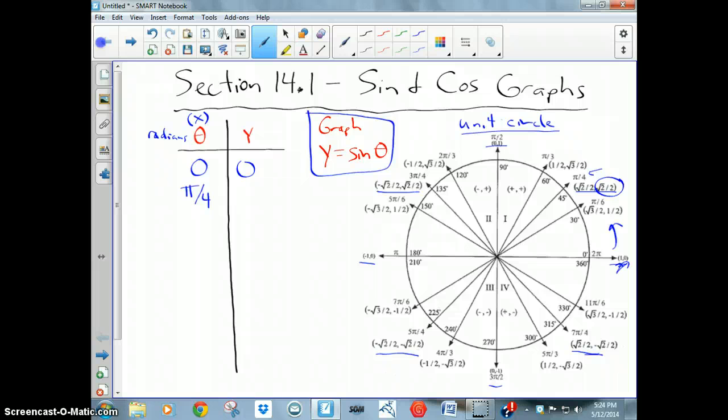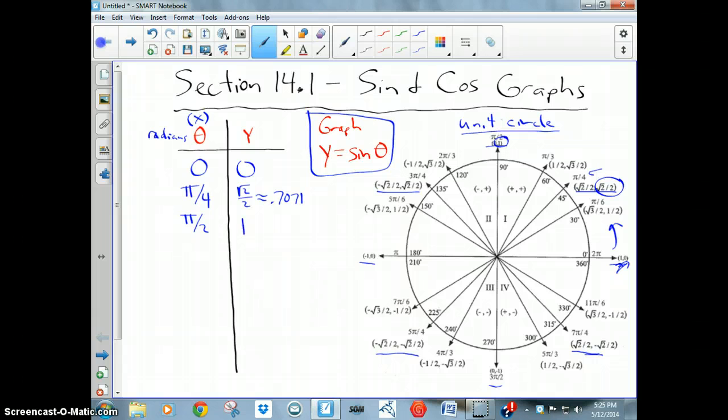If you type that in your calculator, the square root of 2 over 2 is approximately 0.7071, which is the decimal that we are going to use, because I can't plot square roots on a number line. Next one, 90 degrees. That's pi over 2. The sine of 90 degrees is 1.